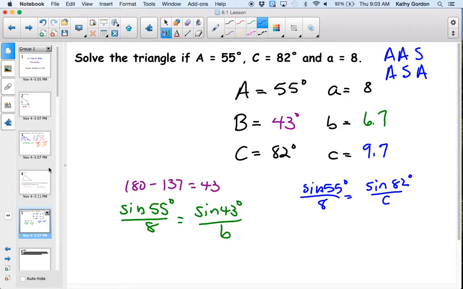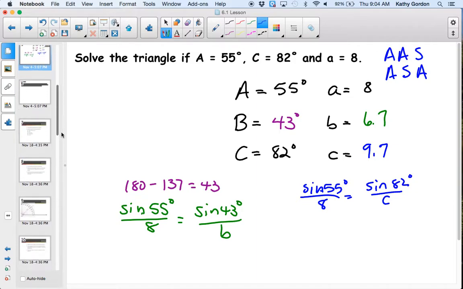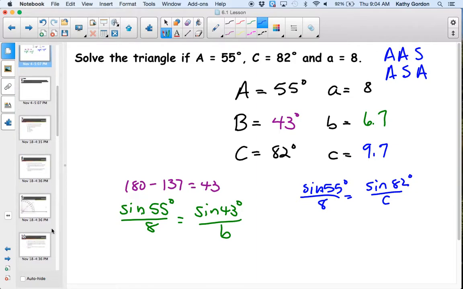It also works in the naughty one that you weren't allowed to use in Geo when you talked about congruence. When dealing with congruence, you can't use the SSA.